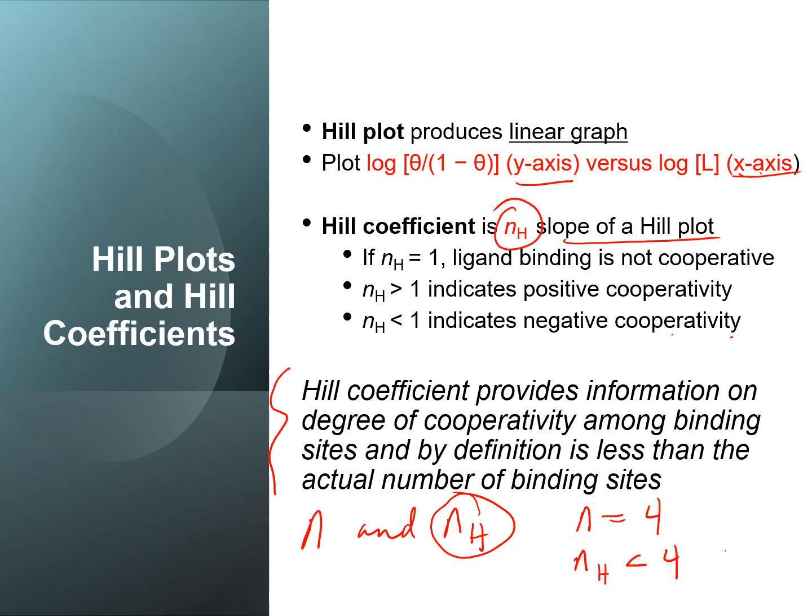In other words, let's say it's 3.2. The reason for this is there is no such thing as perfect cooperativity. What the Hill coefficient NH represents is the degree of cooperativity among binding sites, which is always somewhat less than the number of actual binding sites. So you should keep that in mind. NH will not be 4 for hemoglobin. It will be something less than 4.